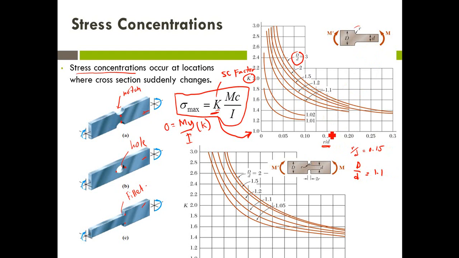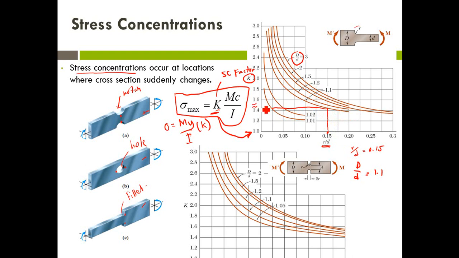So you can draw 0.15 for r over d, and then for D over d equal to 1.1, which is this line. You go to this line, and then you can get the value of K.